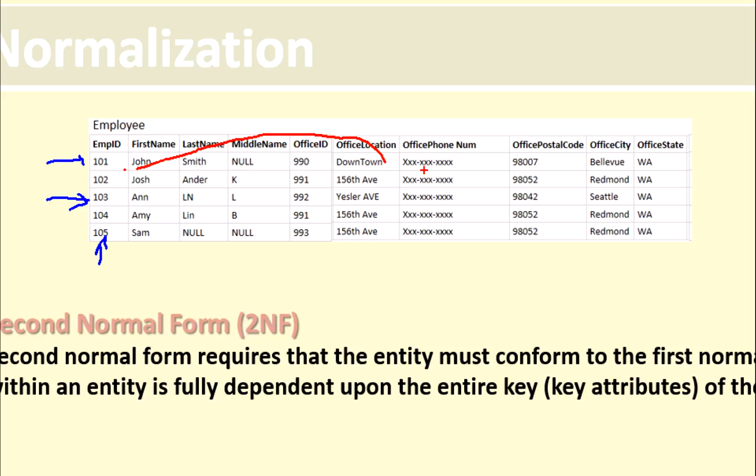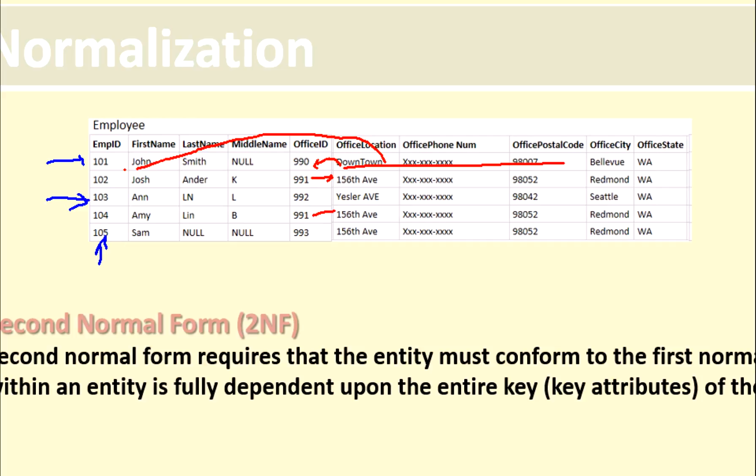Employee 1 doesn't mean downtown, whereas office location depends on office ID. Office ID 990 means a downtown office. Similarly, 991 means some other location.